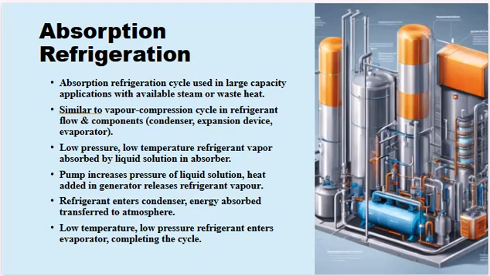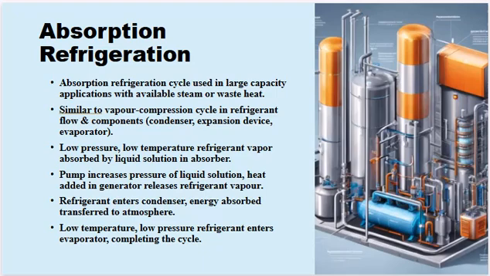The cycle begins with low pressure, low temperature refrigerant vapor being absorbed into a liquid solution in the absorber. A pump then raises the pressure of this solution, requiring minimal energy compared to compressing vapor. In the generator, heat is added to release the refrigerant vapor from the solution.